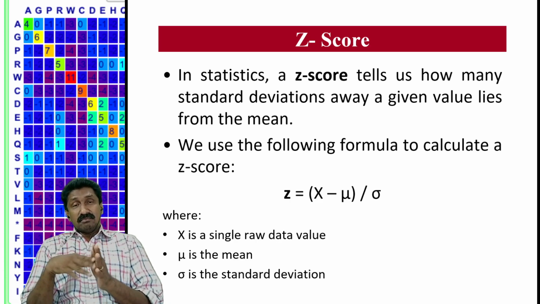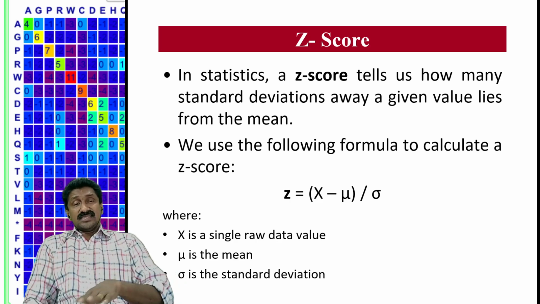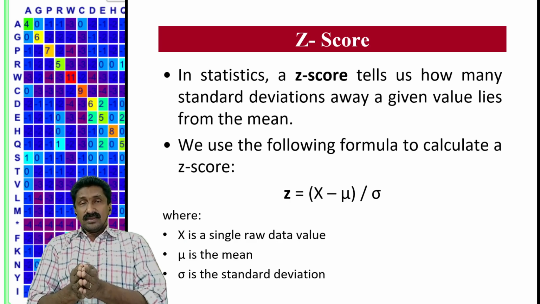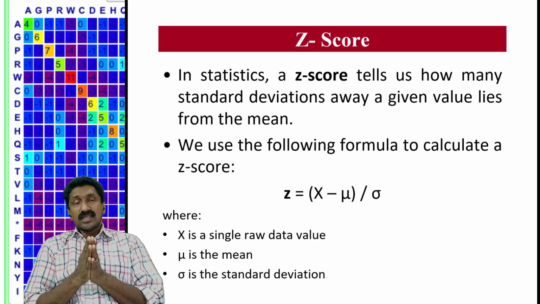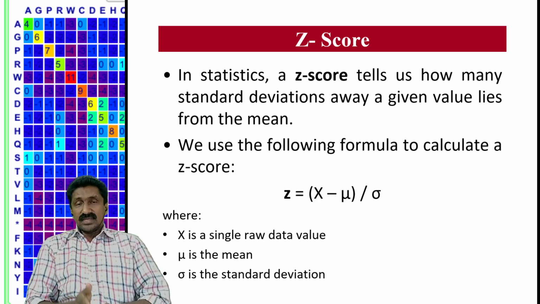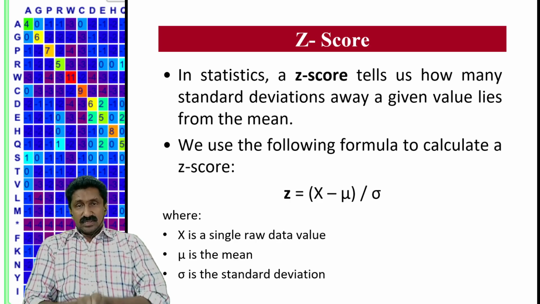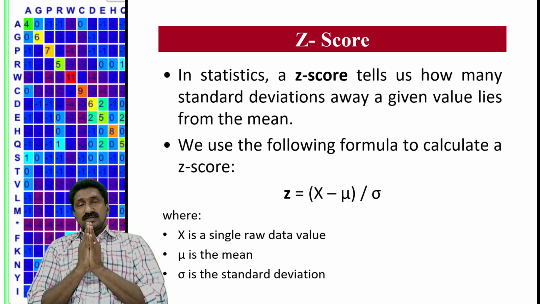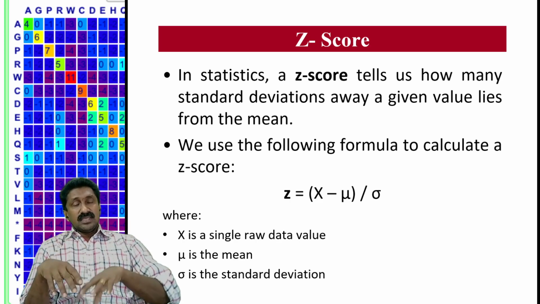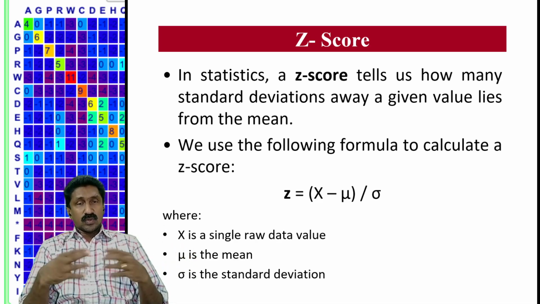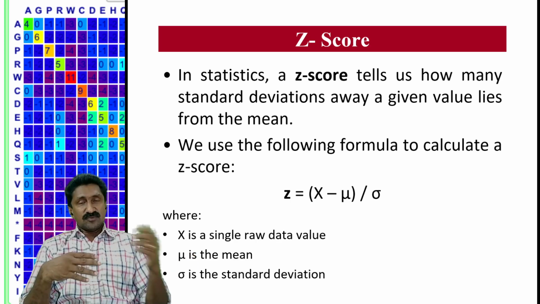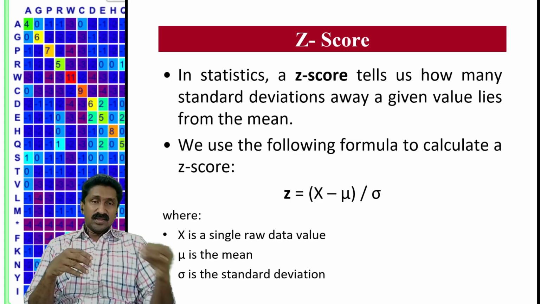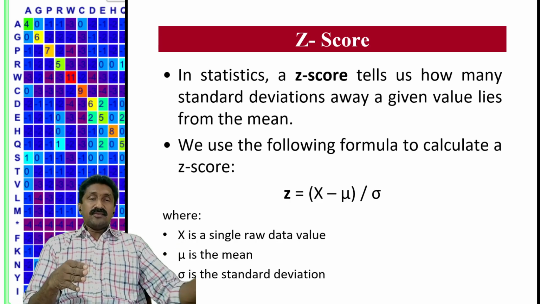There is a normal value, a mean value, that is expected, and if your observation is away from the mean value by score z, then with the increase in the z value, you are moving farther and farther away from the mean.